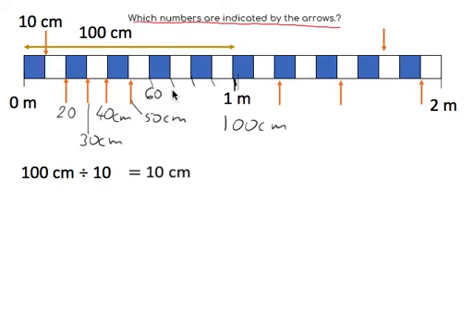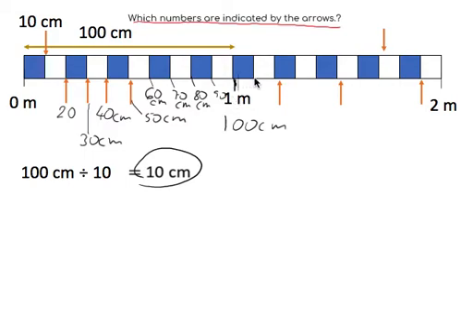So I'll put the 60 in there, 70, 80, 90, and I probably don't have as much space as you to fit the cm. I'm just going to put cm underneath so you know we're talking about centimeters, because we have our reference point there.